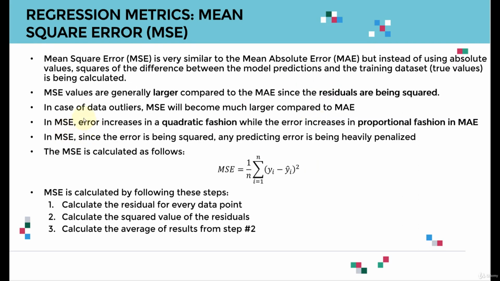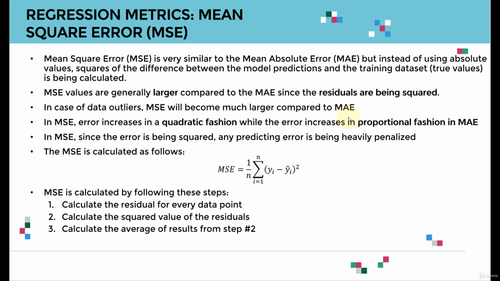Once we do that, for MSE, you will find that if you have a lot of data outliers, MSE will become much larger compared to MAE. Generally put, you will find that MSE is generally larger than MAE.